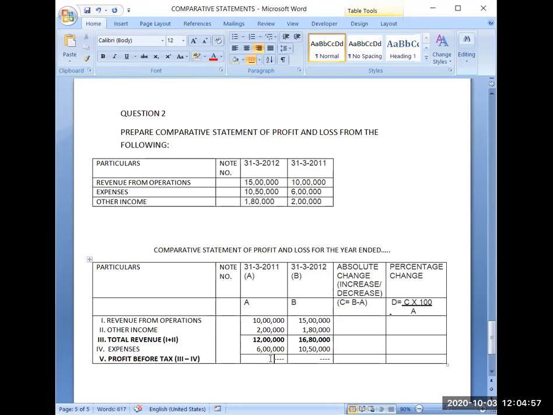Now what is the profit before tax? 12 lakh minus 6 lakh, so profit before tax will be 6 lakh in the previous year. And profit before tax this year will be 1680 minus 50, 1630 minus 10, so 6,30,000. So first I will fill up these columns.